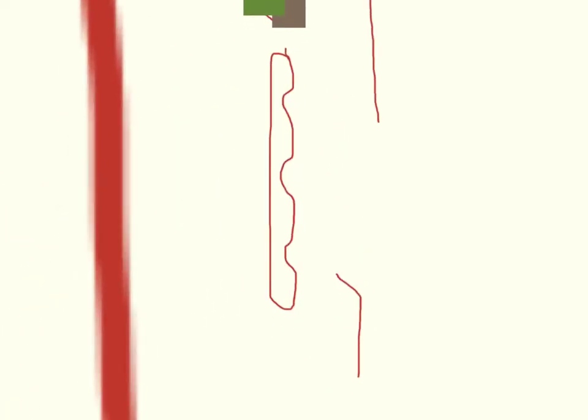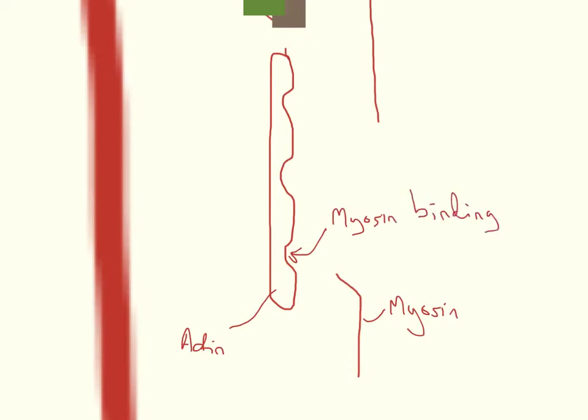And what we can see at the bottom here is an idealized myosin strand, and we have here an idealized actin. So we have myosin and actin, and this little groove here is a myosin binding site. Now the myosin binding site is important because that's where myosin binds.